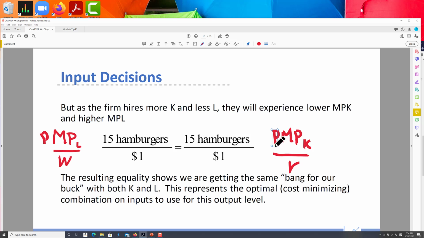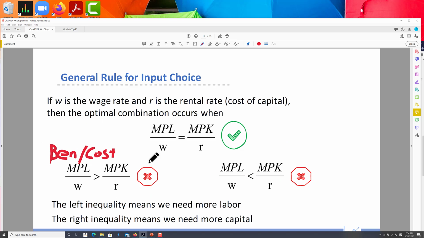Okay, if these two are equal, an efficient combination of capital and labor inputs is used. So deleting price, we have these ratios: marginal product of labor to wage, and compare that to marginal product of capital to rent.